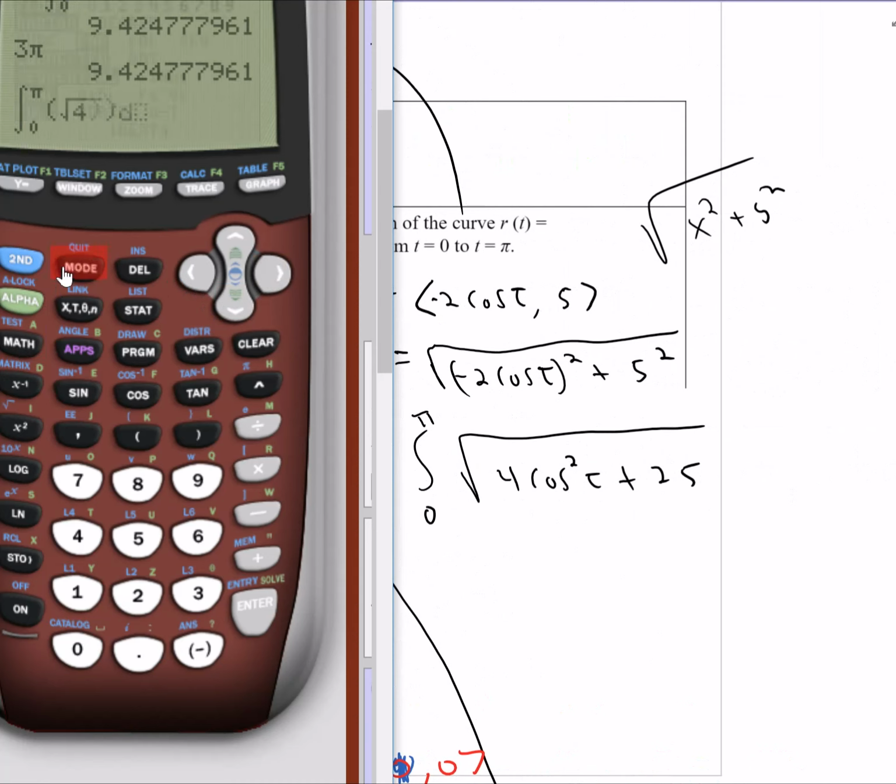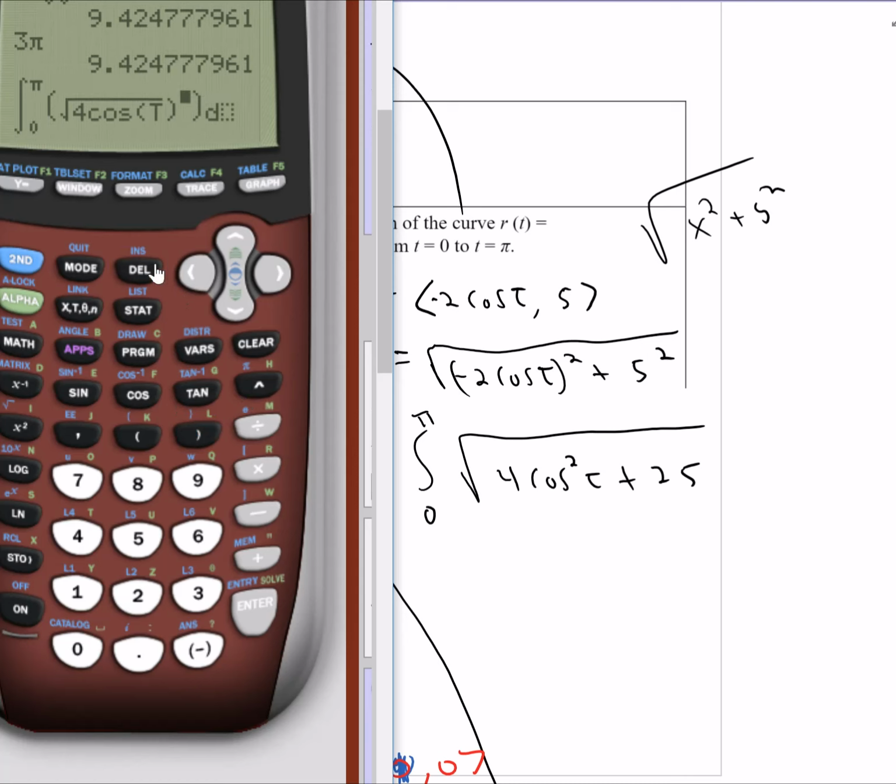Vectors like parametric, yeah, so let's put it in parametric. 0 to pi, square root of 4 cosine t squared.